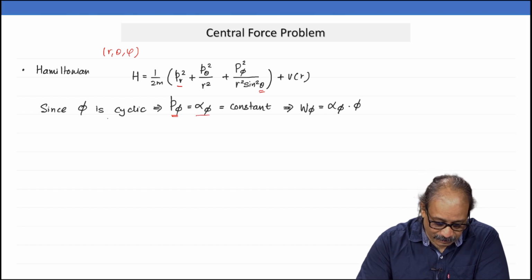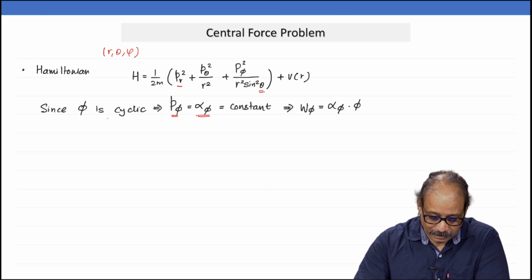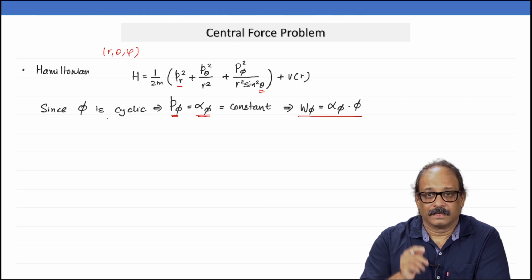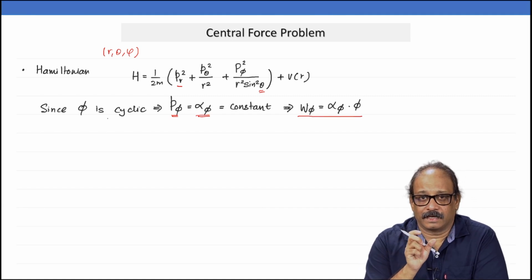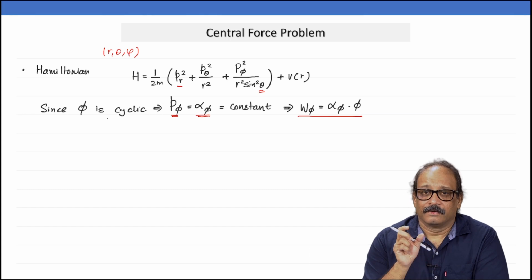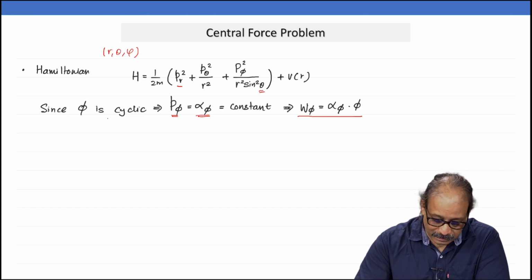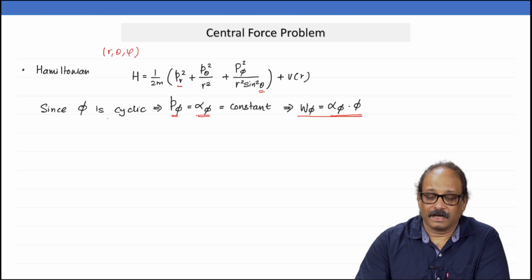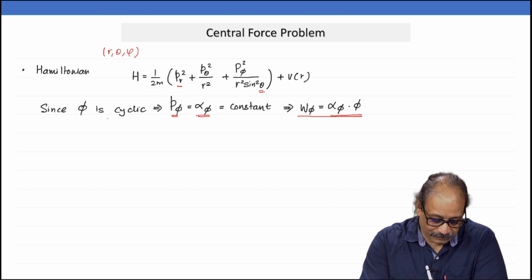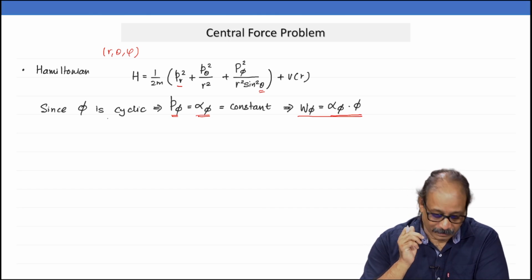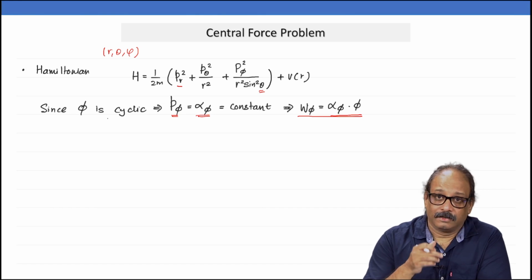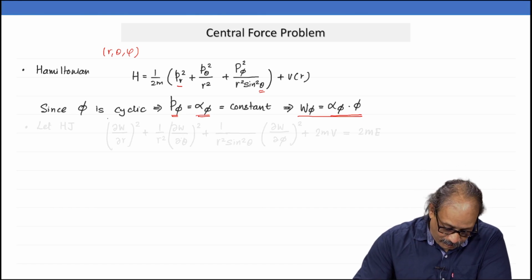We will set it equal to some alpha phi, and then your W phi, the piece in the Hamilton's characteristic function which depends on phi, will simply be given by alpha phi into phi, where alpha phi could also be written as p phi. Fine. Now, look at how the separation goes.